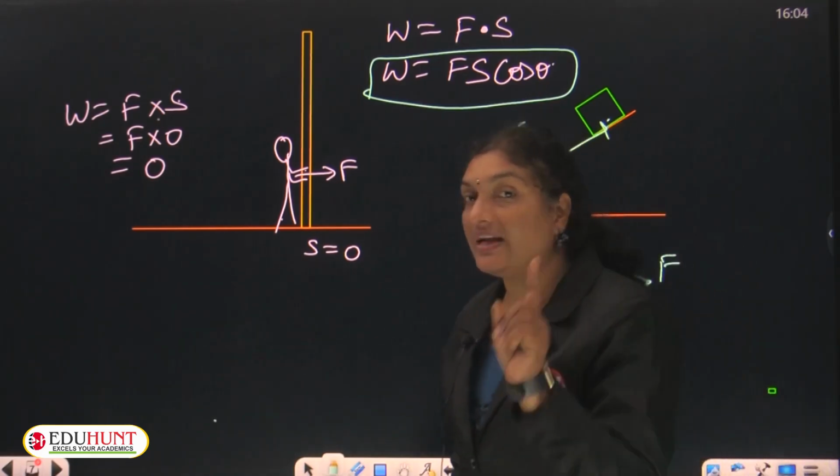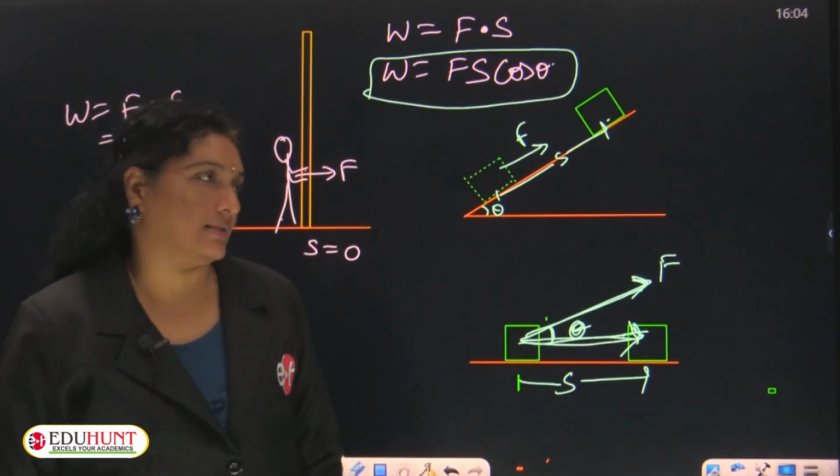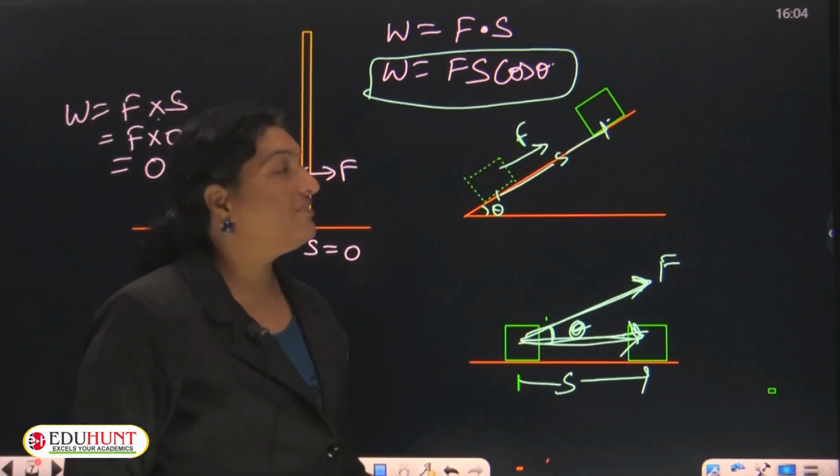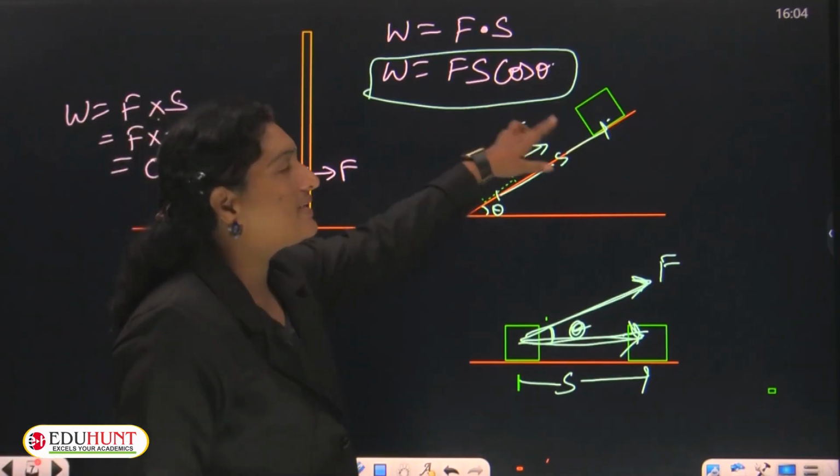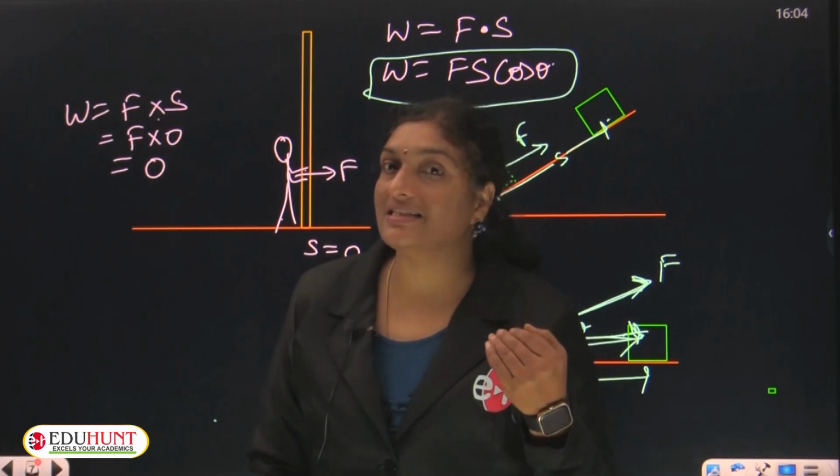But the same, if theta equals 90 degrees. In this example, if theta equals 90 degrees, what may happen, children? The value of cos 90 is 0.